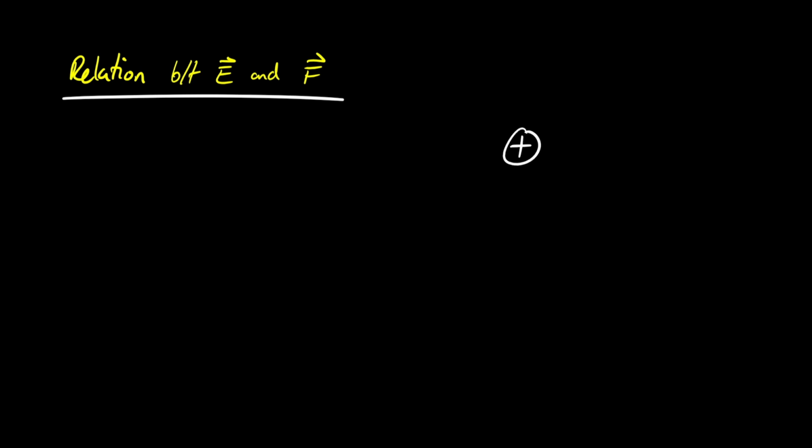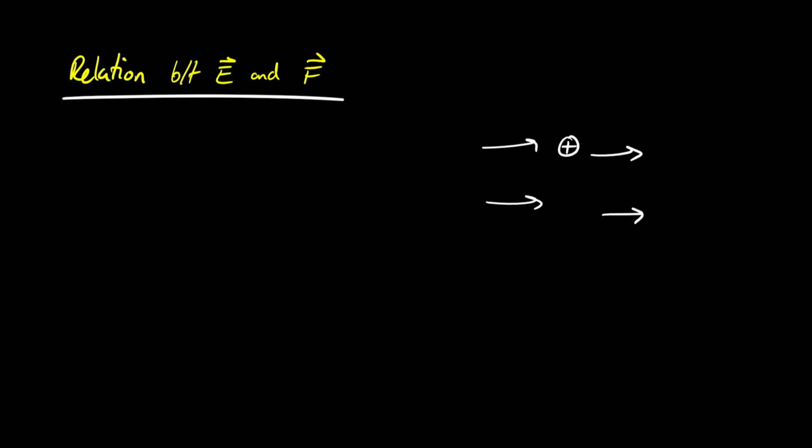Now, here is something that's really interesting, and it'll explain why the units of electric field are what they are. We had sort of alluded to this in the previous video, where we talked about if you have an electric field chilling here, you don't really know what's creating it, and you put a positive charge in, you can predict what direction the force will be just by knowing the definition of electric field as the direction a positive charge would be pushed.